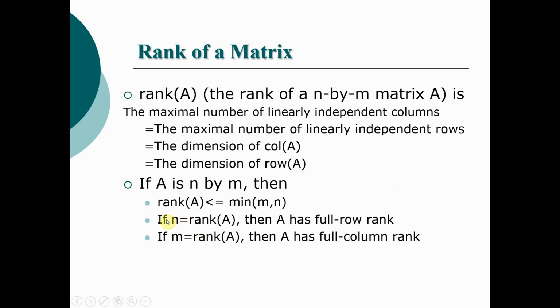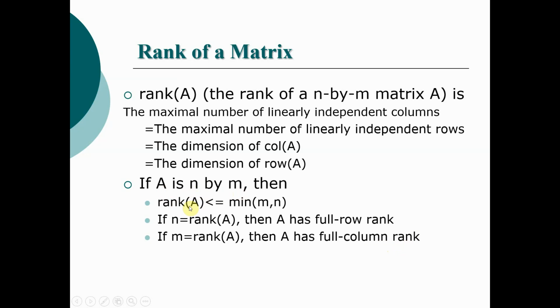If n, which is the number of rows, is equal to rank of A, we call A a full row rank matrix. A has full row rank. If the rank of A is equal to the number of columns, which is m in this case, A has full column rank. So this is where you have n rows, m columns.